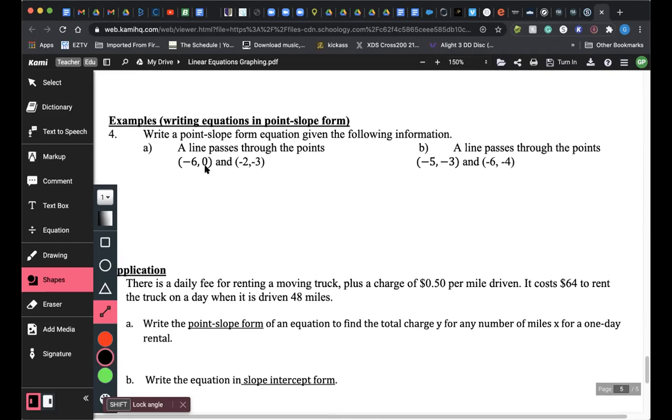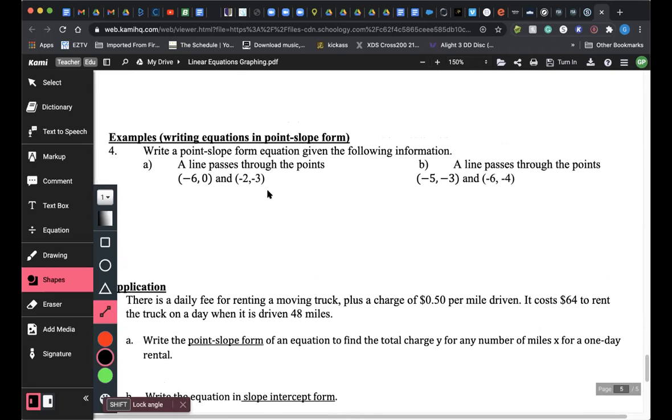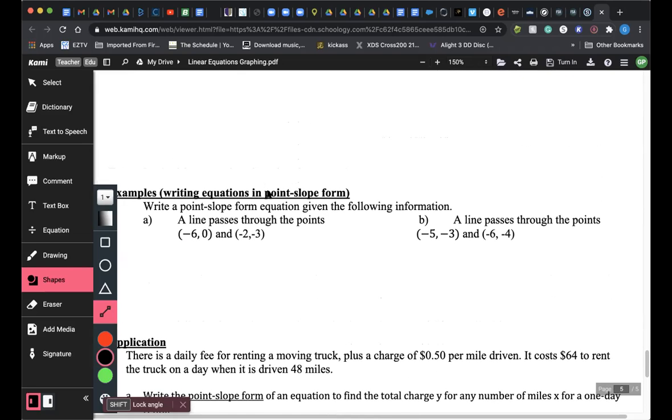All right, so part 4 is the same as we did in part number 1. We're just practicing that same idea, but this is going to be a little bit different. Sorry, we're still creating the equation, but this time we're not given the slope. We have to find the slope.